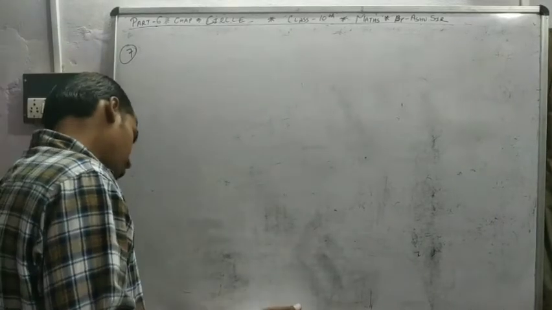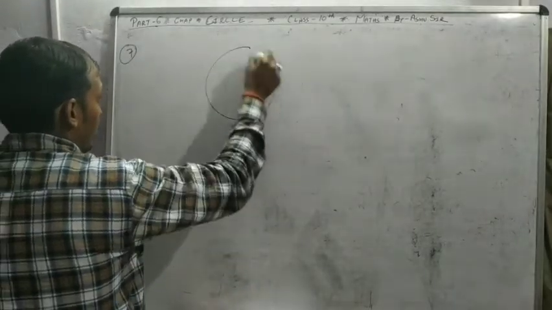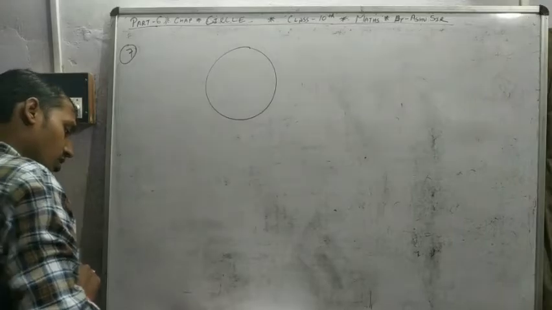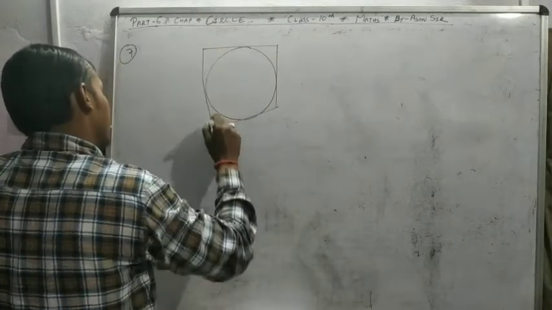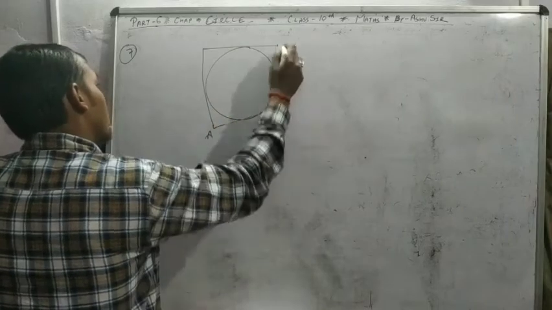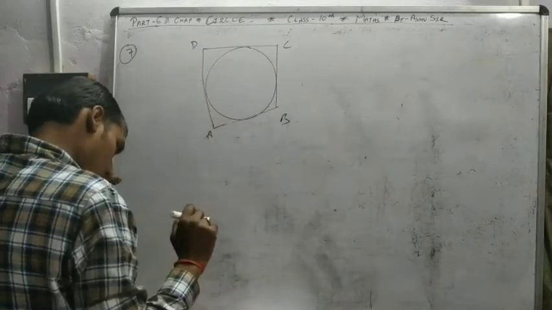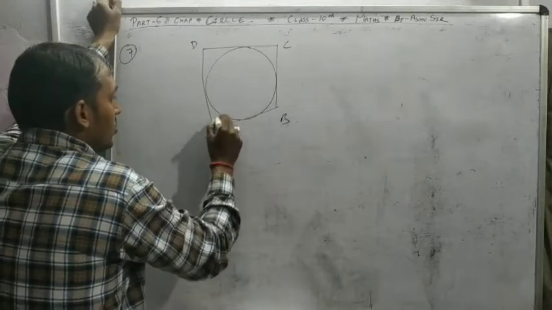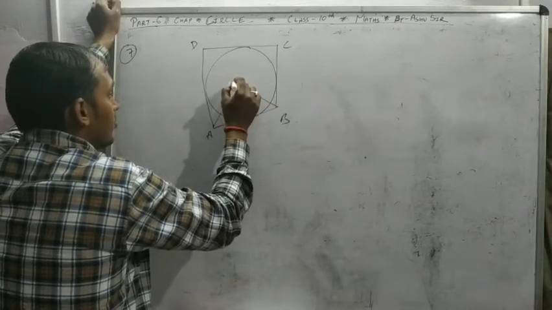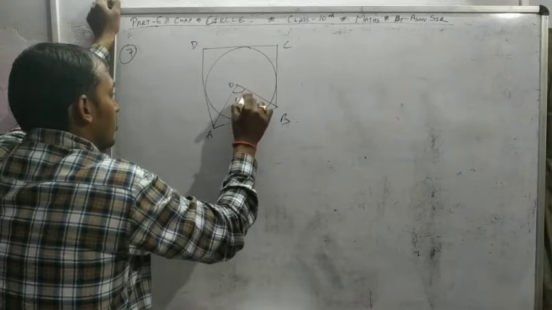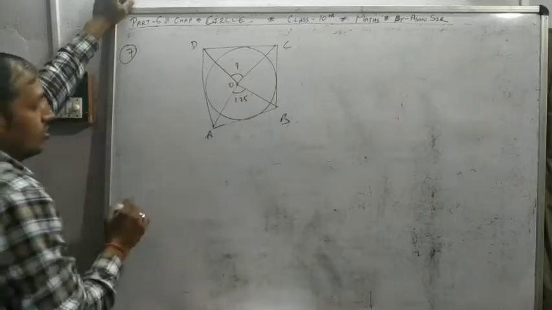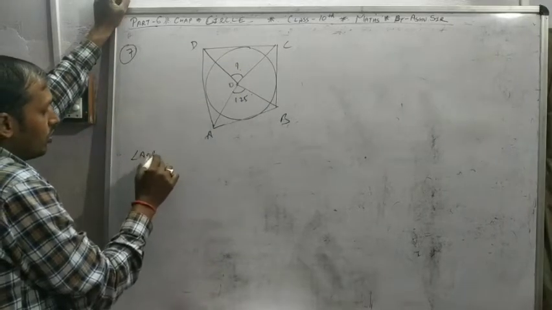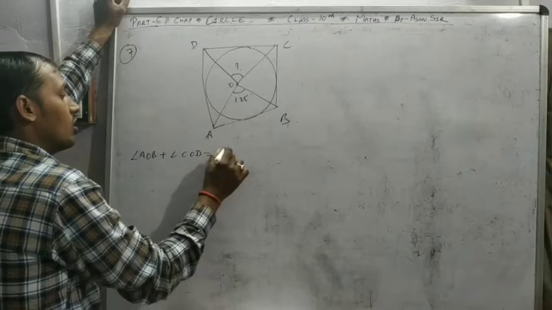This is a very one marks question only. If a quadrilateral circumscribing the circle, angle AOB 125, find the value of angle COD. So directly you can say angle AOB plus angle COD equal to 180.